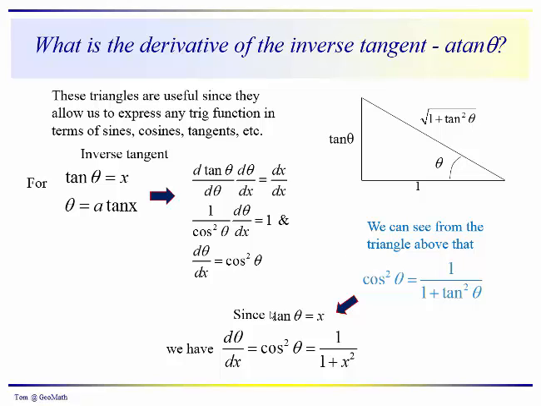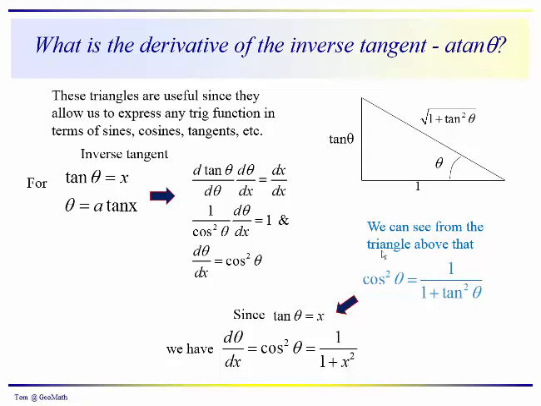Okay? So we have tangent of theta is equal to x. We have that the cosine of theta, side adjacent over the hypotenuse, is going to be 1 over the square root of 1 plus the tangent squared.